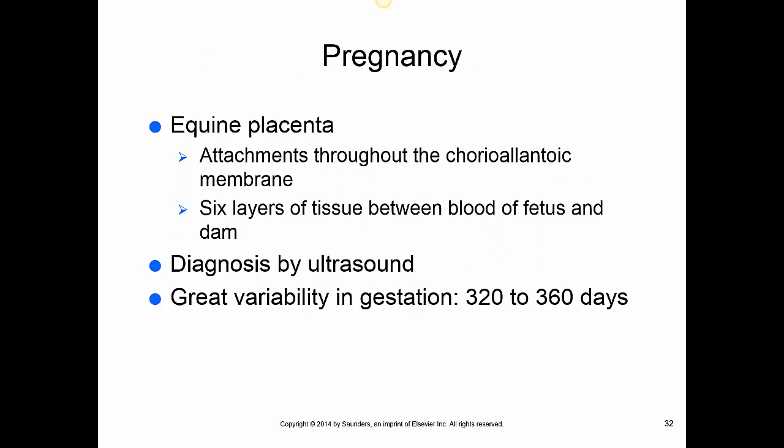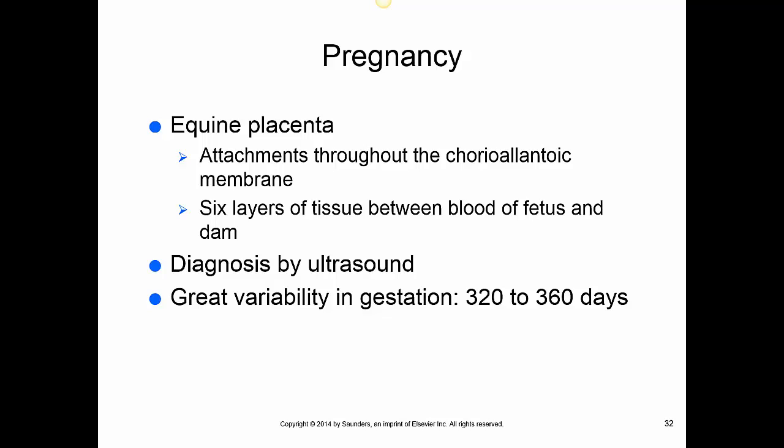Pregnancy, the placenta attaches diffusely, and so it's that diffuse placenta we talked about. There's many layers between the blood flow of fetus and the mother. Unlike other species like the zonary, or when we get into bovine here with cotyledon, or the disc in humans and rodents and lagomorphs, there's a lot of very close blood supply contact between mother and fetus, but not with the horse.